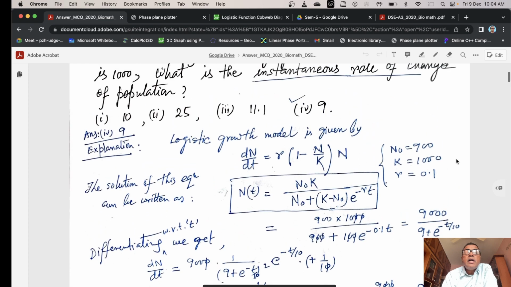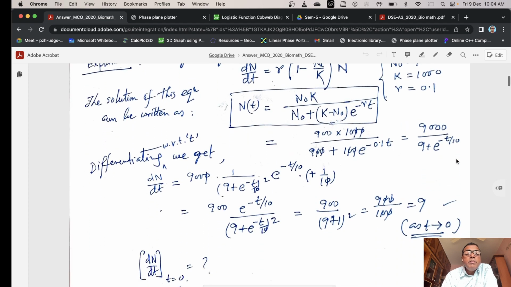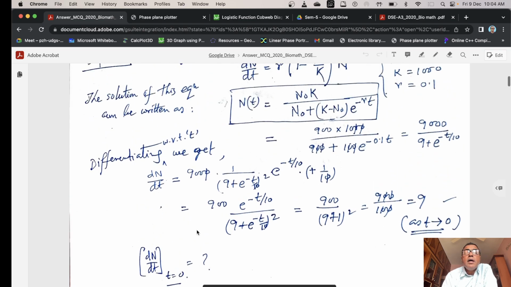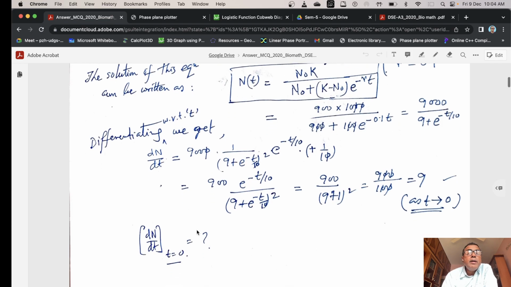Now, instantaneous rate of growth means the value of dN/dt as t tends to 0. So we have to find dN/dt when t tends to 0. Differentiating this N(t) with respect to t, we get dN/dt equal to 900 e to the power minus t by 10 divided by (9 plus e to the power minus t by 10) whole square.